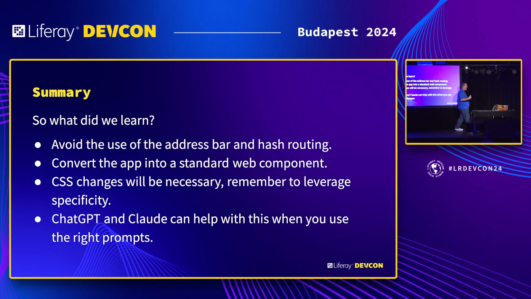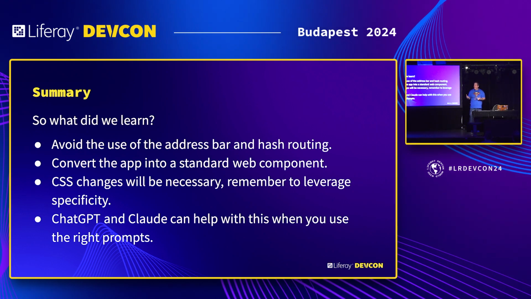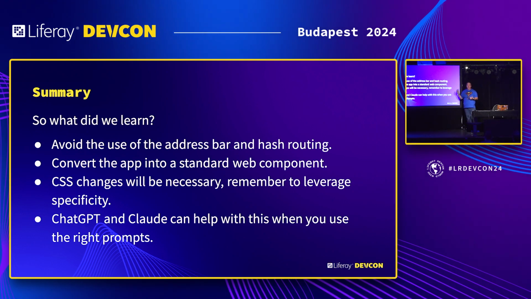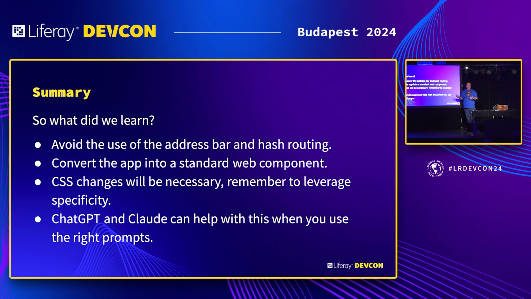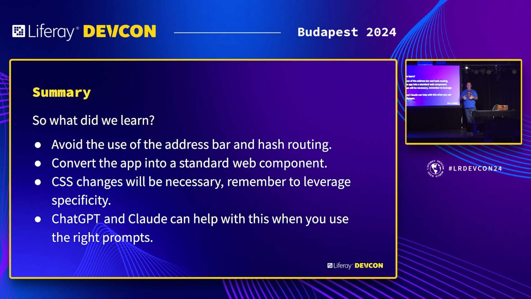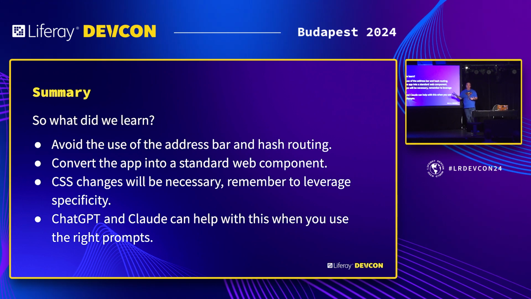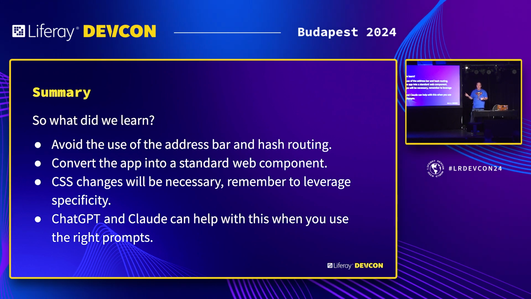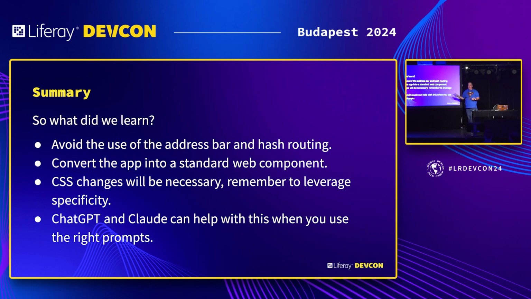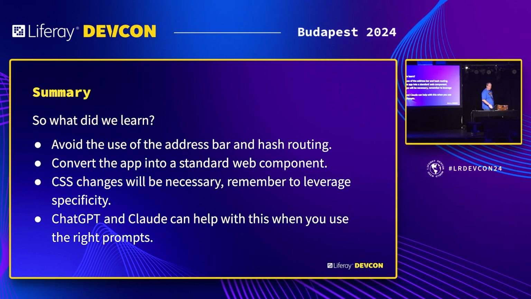So for me, AI was really the key at making that list of applications possible. Because not knowing Vue, not knowing Angular, I wasn't going to be able to do those things on my own. But AI was a great help at making that possible.